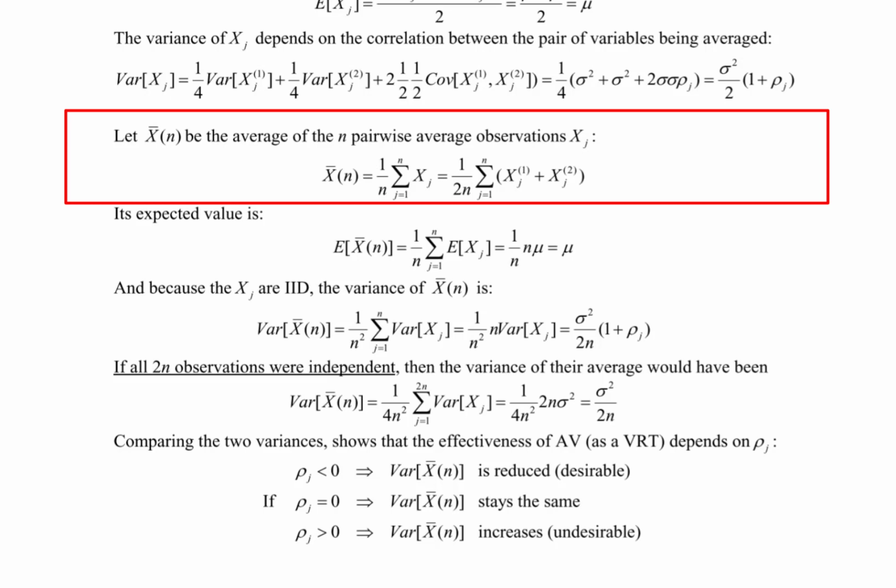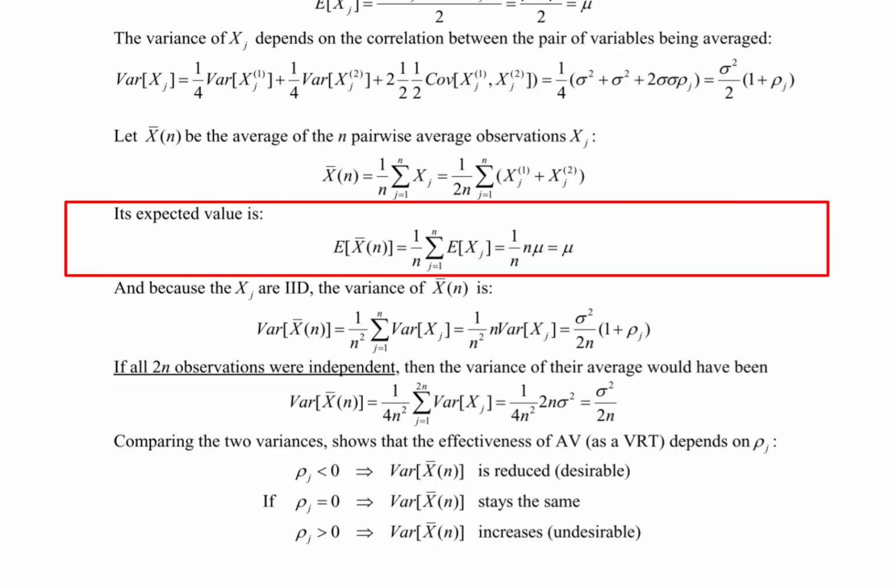If we run multiple replications so that we have n pairwise observations, we can obtain the average of the n pairwise average observations x_j. So the average is 1 over n times the sum of the pairwise average of the observations.